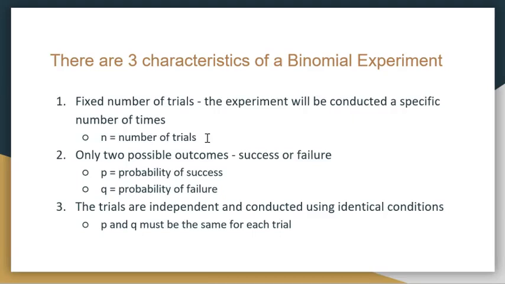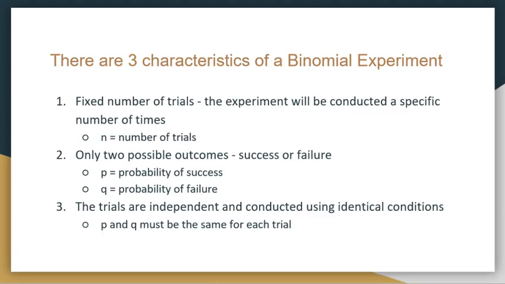Okay, and then the third one is the trials are independent and conducted using identical conditions. So p and q, which is my probability of success and probability of failure, have to be the same for each trial. If you remember in our probability unit where we talk about doing things with and without replacement, if I'm flipping a coin, it doesn't matter what happened before the next flip, the odds are still 50-50 of whether I get heads or tails.